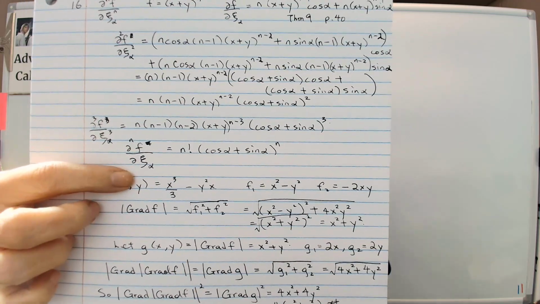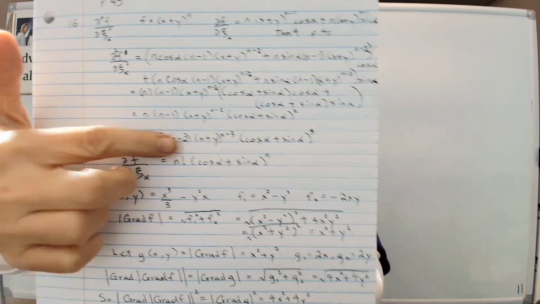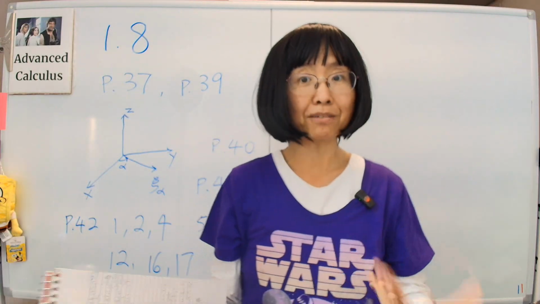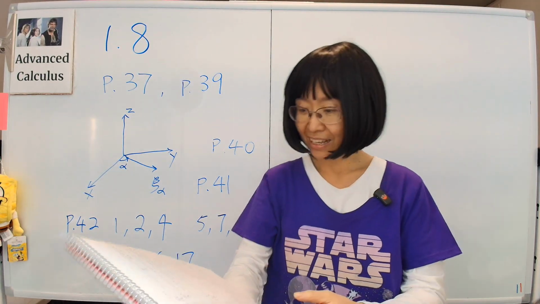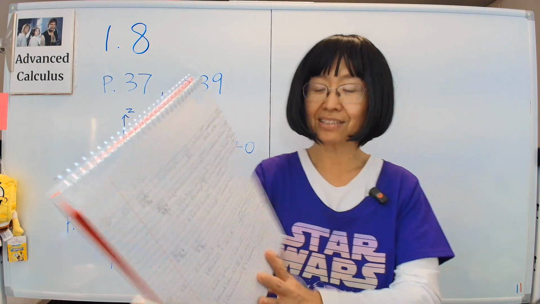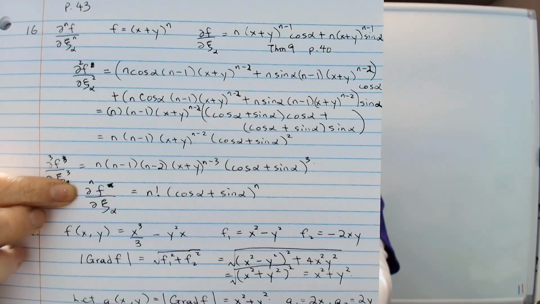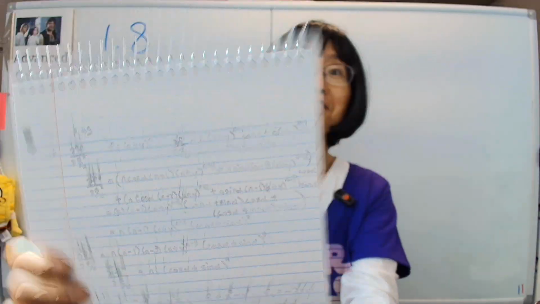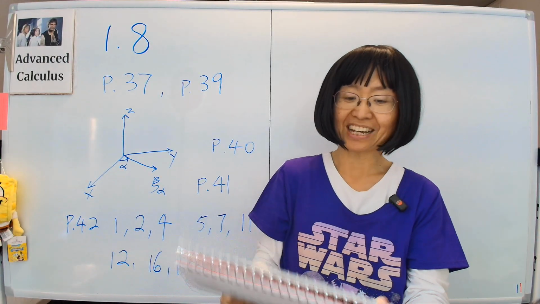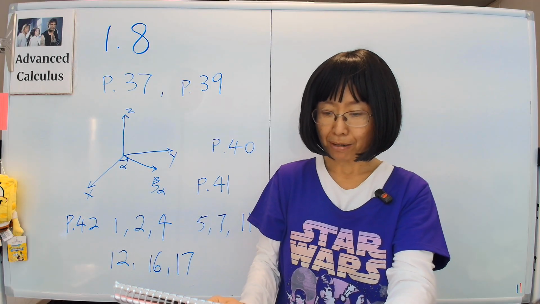And so eventually the nth derivative will be n factorial, and then the x plus y will disappear because it will end up with this power n minus n. The rest of it will come out nicely, and that is the answer, which checks out with the back of the book. So yeah, that's always nice when the answer is finally right. So that's problem 16. Next, let's look at problem 17.